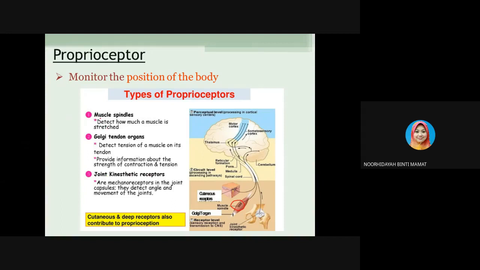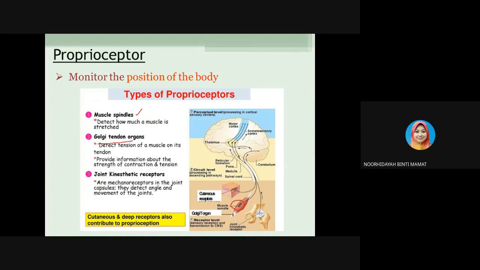The muscle spindles detect how much a muscle is stretched. They are stretch receptors within the body of a muscle that primarily detect changes in the length of the muscle. So that is the function of the first type of proprioceptors, the muscle spindles.